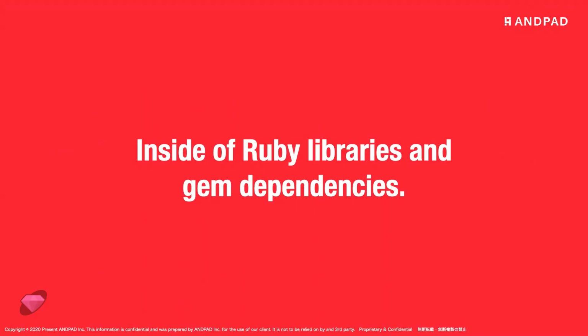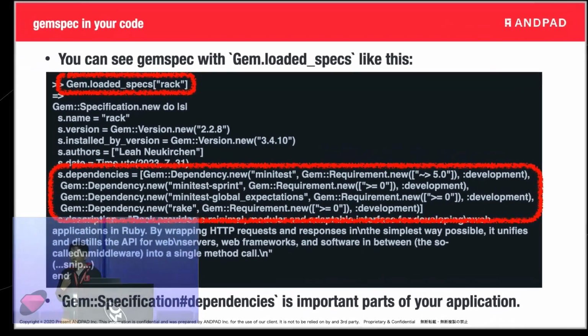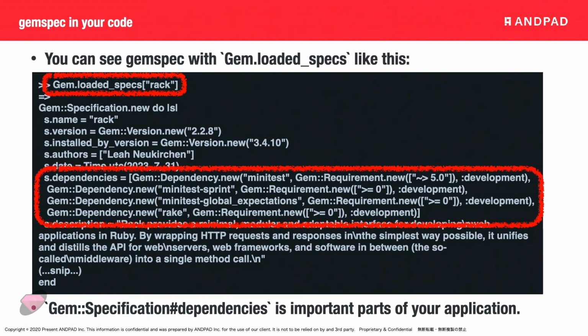Next we will look inside the Ruby library and how Ruby loads gems. You can check the gem specification, which is the metadata of a gem, by using the Gem.loaded_specs method with IRB. I like IRB. This is an example of a gem specification for Rack.